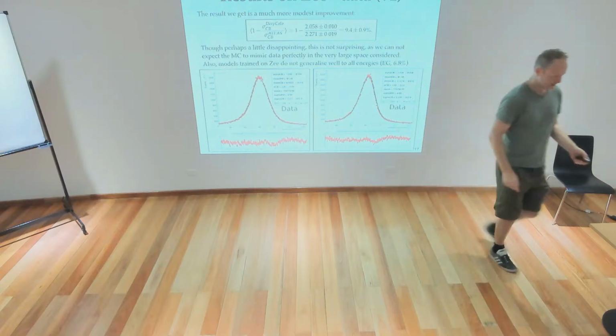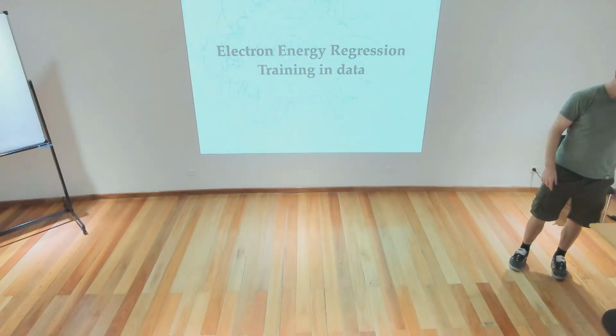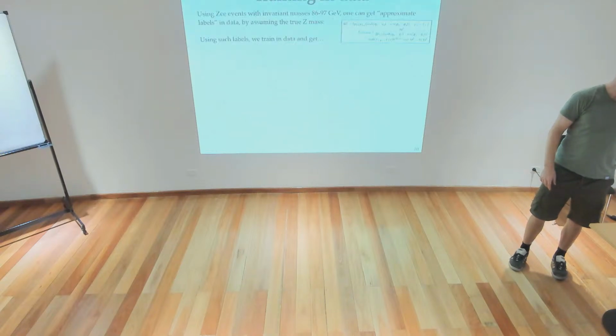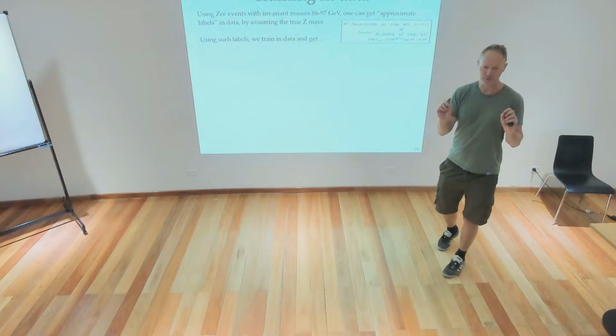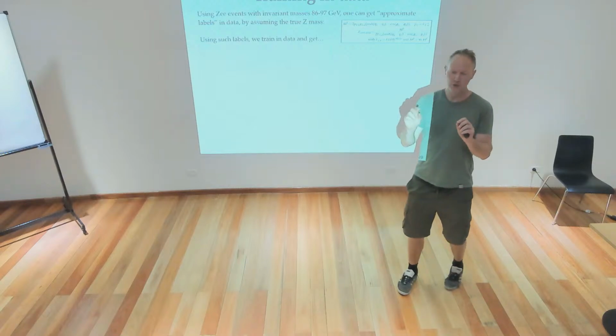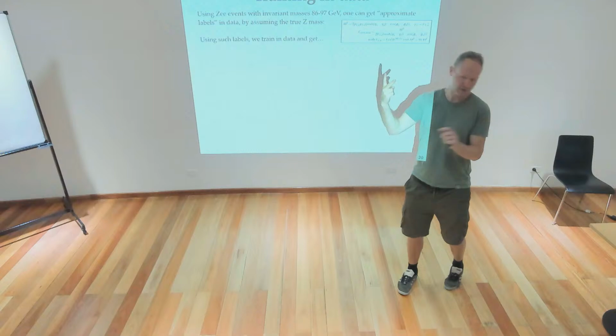But what are the differences? Well, the difference is that you can actually train on real data, with two assumptions. If you find a Z, you say, I trust that it will have exactly the Z mass, which is an approximation, because that's natural.